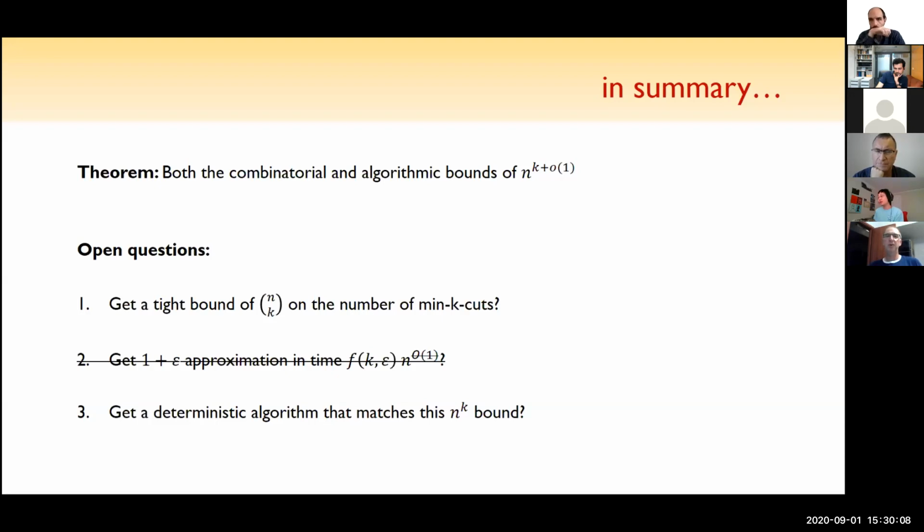But once we go from k equals 2 to k equals 3, we go from near linear time to n cubed time. So it might be the case that actually the right answer is n to the k minus 1, algorithmically at least, not n to the k. But of course, the extremal bound is n to the k because of the cycle.